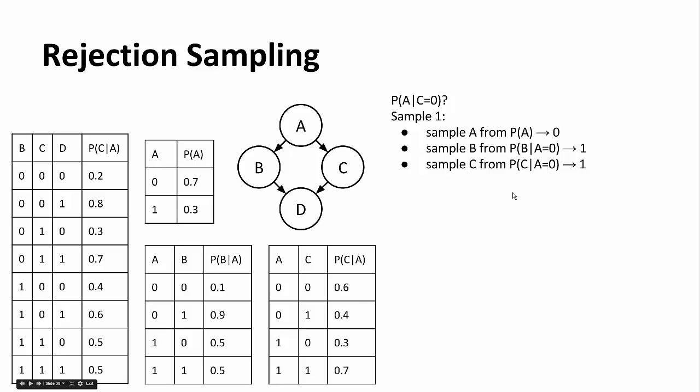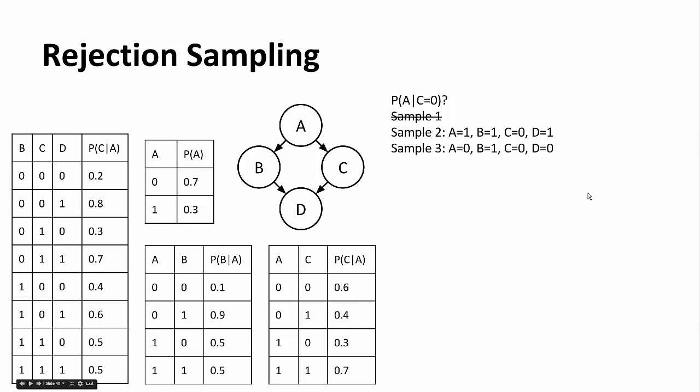At this point, we can stop. We don't need the value for D because we already know that this sample is never going to be used. So we'll reject this sample and move on to the next one without ever sampling D.